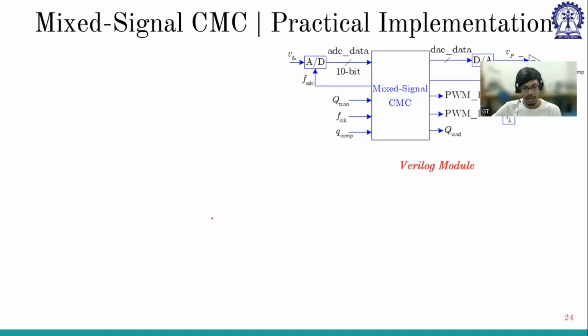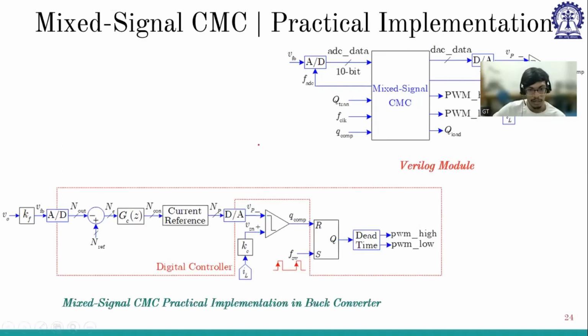Just to summarize, the architecture is as follows. The output voltage, using a gain of 0.27, is converted into the feedback voltage, which is fed to the analog to digital converter.